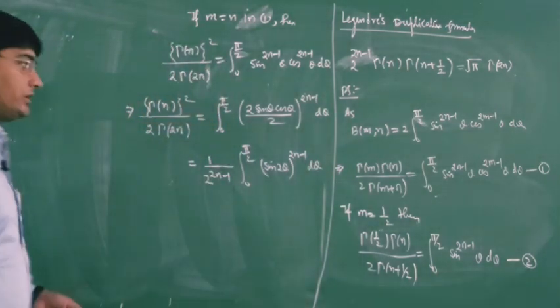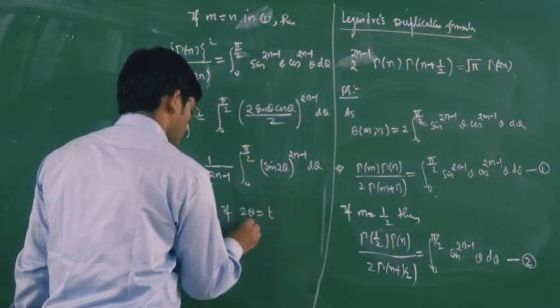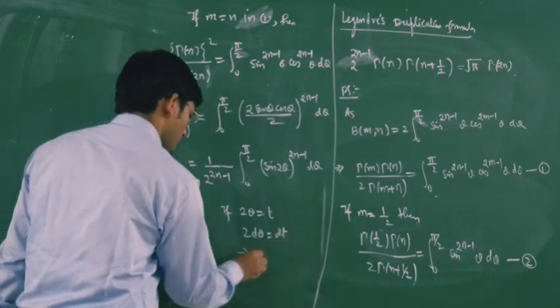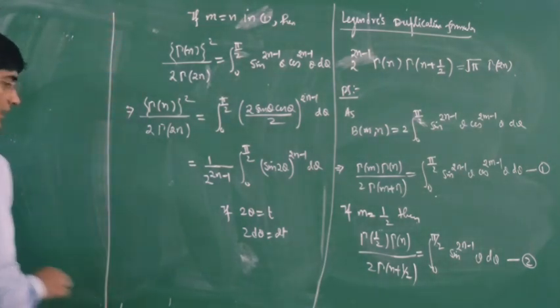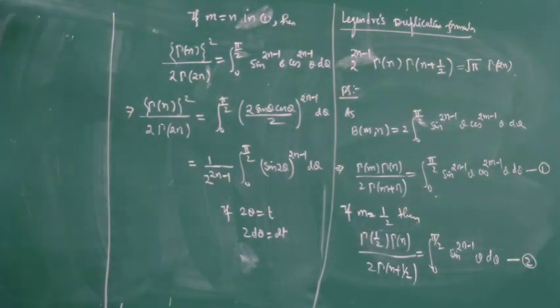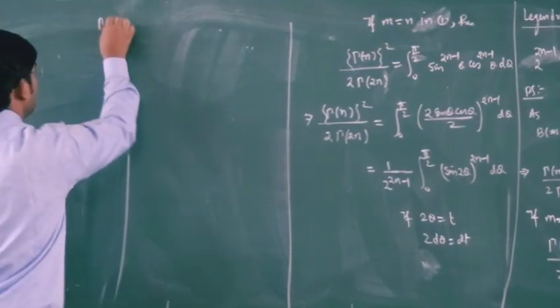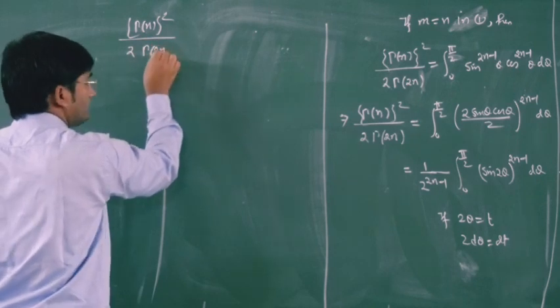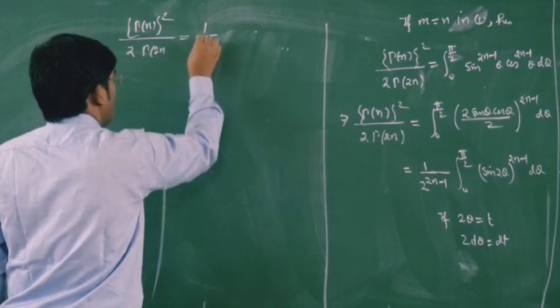Now again let us put 2 theta equal to t. If 2 theta equal to t, then 2 d theta will be dt. So from here our d theta will be dt by 2, and this is our left hand side, and in the right hand side we will have 1 by 2 power 2n minus 1.